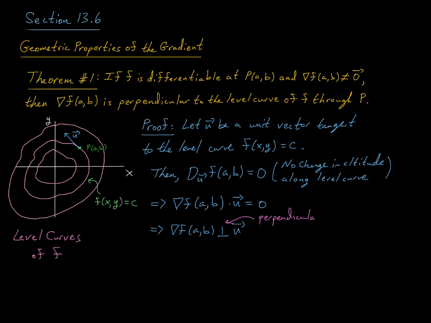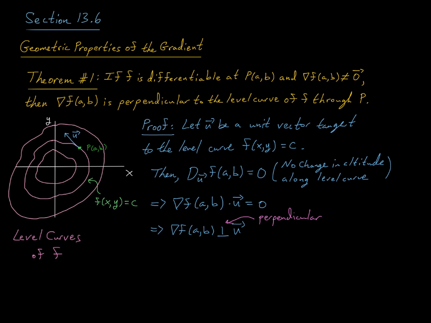And I also want to point out here that this condition that the gradient vector is not the 0 vector comes into play right here. If the gradient vector were 0 itself, then saying that this dot product implies this perpendicularity would not be true, because this would just be the 0 vector itself. But if this thing is not 0, and u is certainly not 0, it's a unit vector, then this is true.